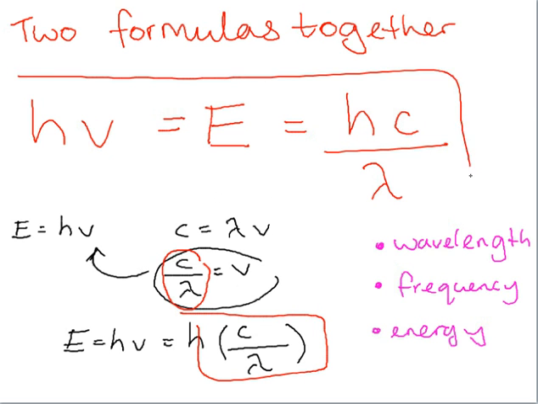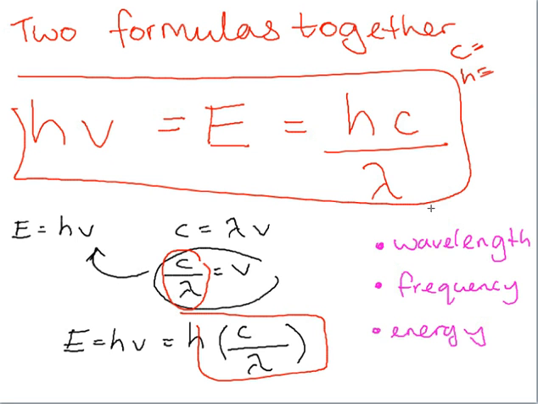So the good thing about this combination of two formulas is that c is a constant, we know it, and h is a constant, we know. So if we had any one of these three, frequency, wavelength, or energy, we can find any other one of them.